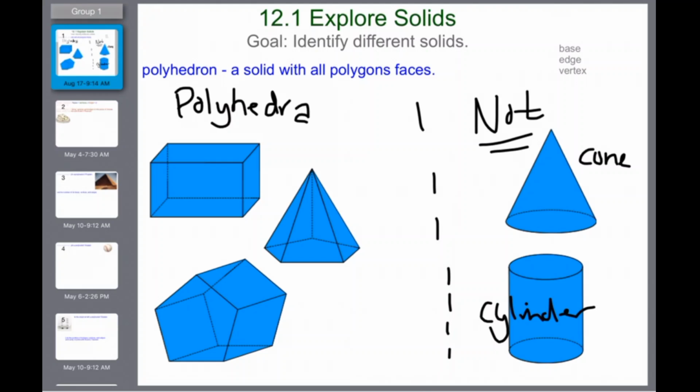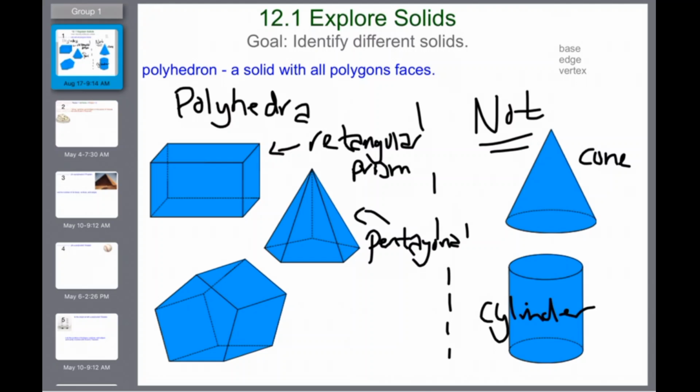So for example, this one right here is a rectangular prism. And we'll be learning the different types of solids. This one is a pentagonal pyramid.